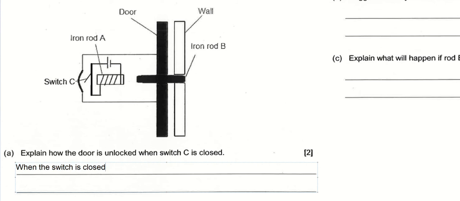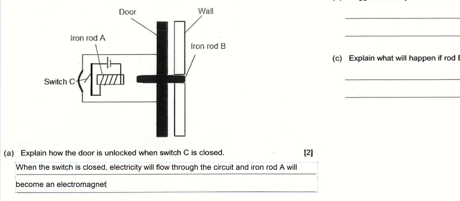When the switch is closed, electricity will flow through the circuit, and iron rod A will become an electromagnet, okay, which will attract. Or if I were you, I'll just put a full stop here.